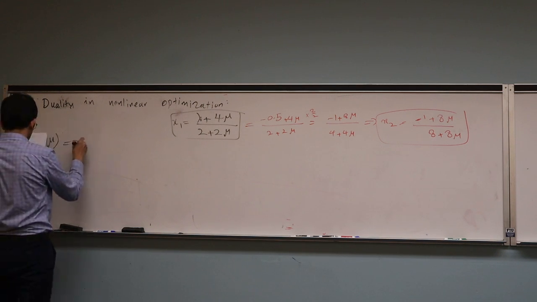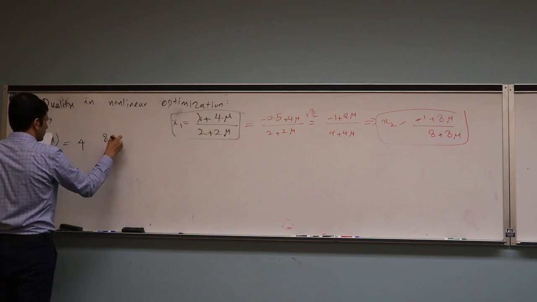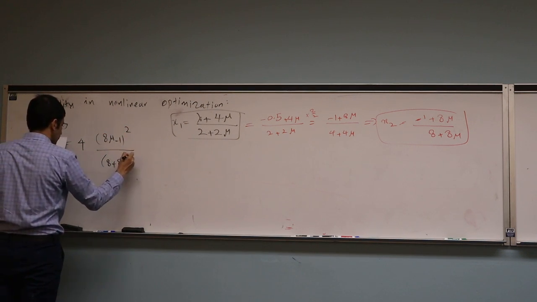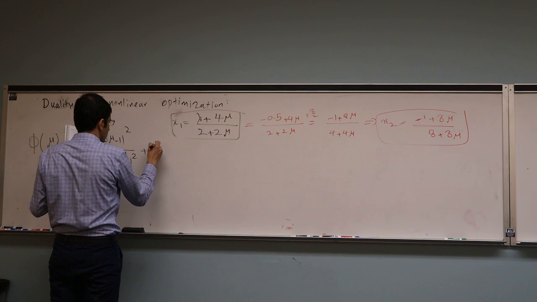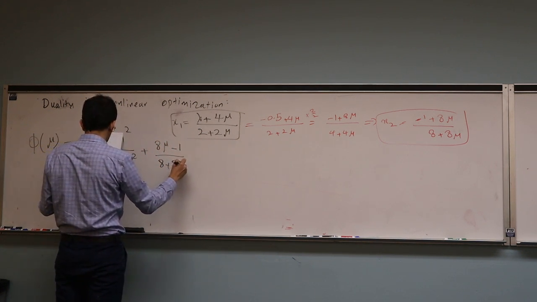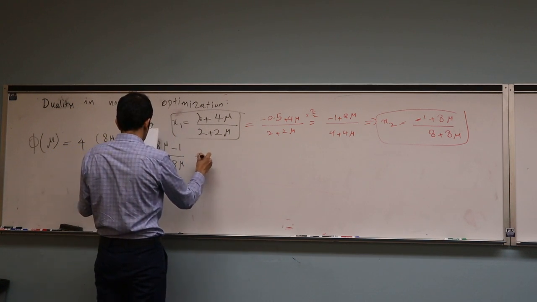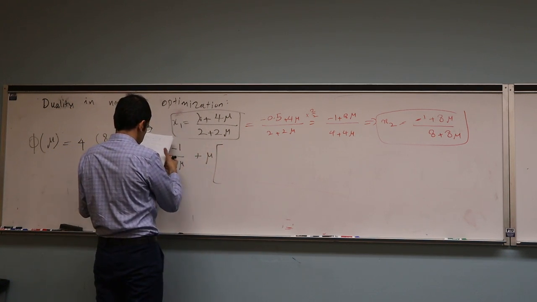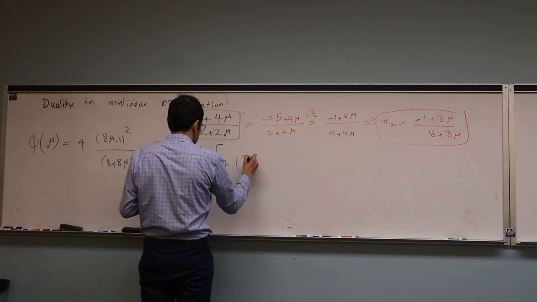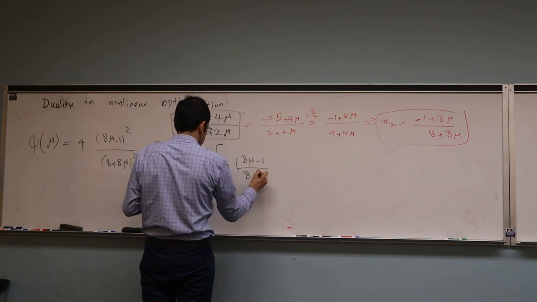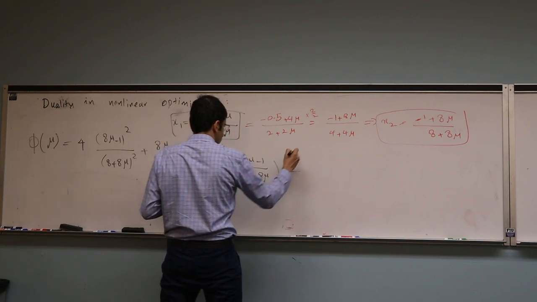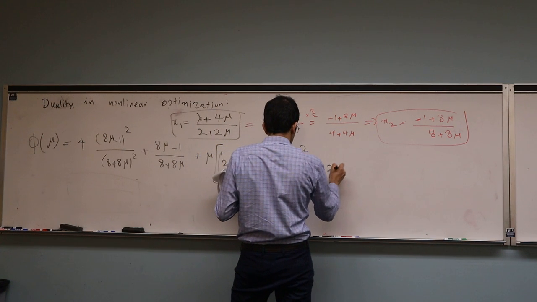So it will be 4 (8 mu minus 1) square over (8 plus 8 mu) square, plus (8 mu minus 1) over (8 plus 8 mu), plus mu multiplied by 2 (8 mu minus 1) over (8 plus 8 mu) minus 2 square minus 2.